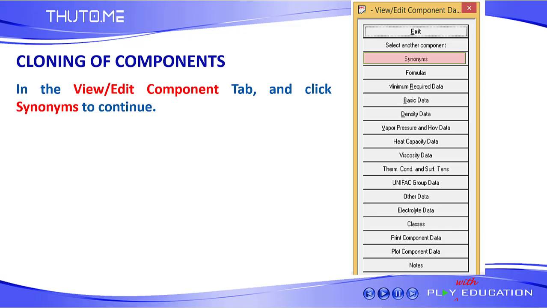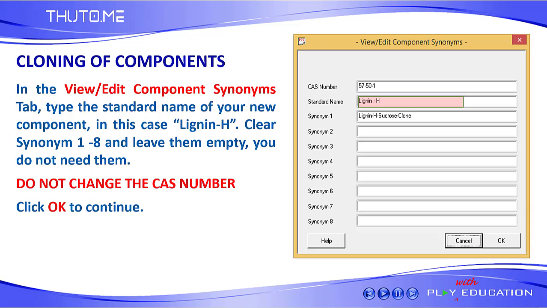In the View or Edit Component tab, click on the Synonyms tab to continue and edit the synonyms or the names of the component that you are cloning from sucrose. In the View or Edit Component Synonyms, type the standard name of your new component, in this case lignin H. Clear all the other synonyms 1 to 8 and leave them empty. You do not need them now.